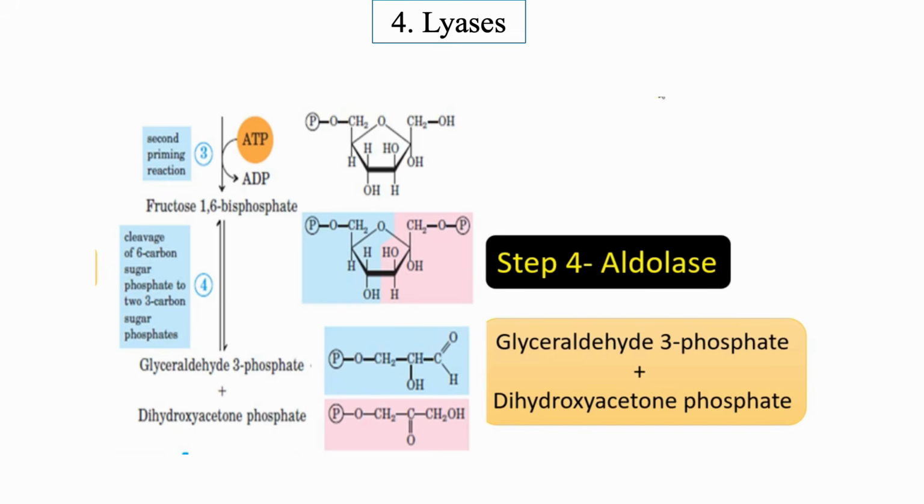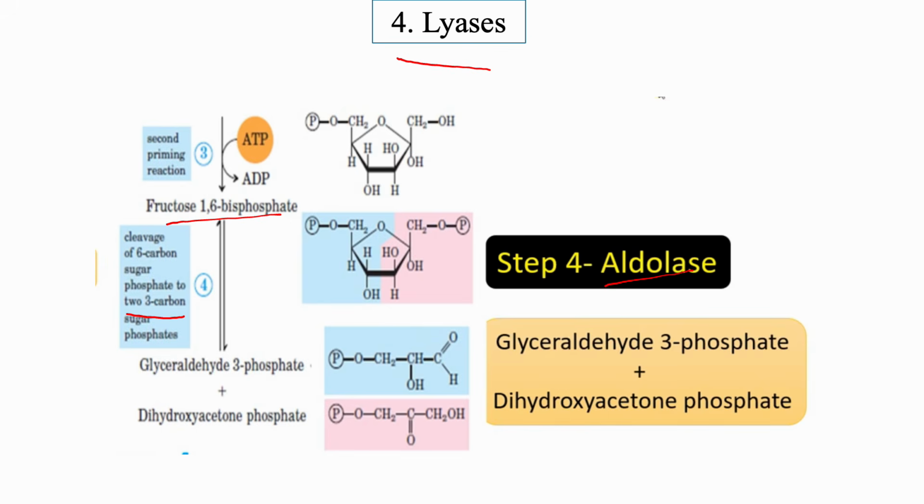What about lyases in EC group number 4? I showed it in another example. In the case of aldolase, as I told earlier, aldolase works on fructose 1,6-bisphosphate. You will find it in glycolysis. Fructose 1,6-bisphosphate, here the carbon-carbon bond breaks down.